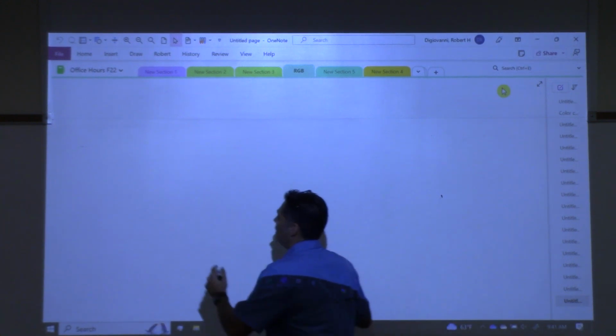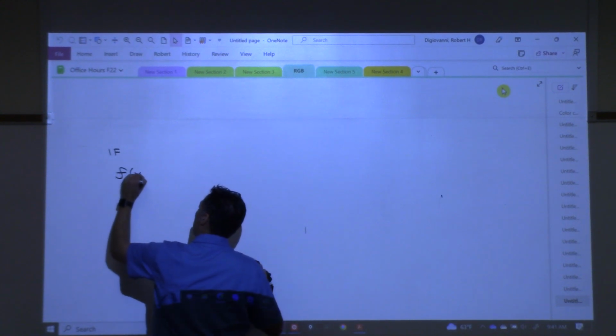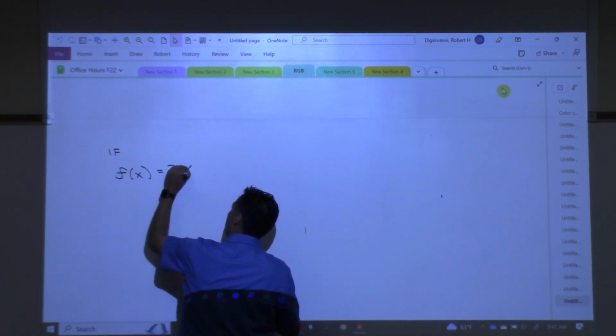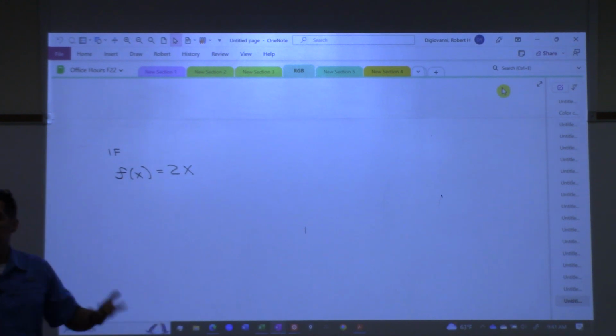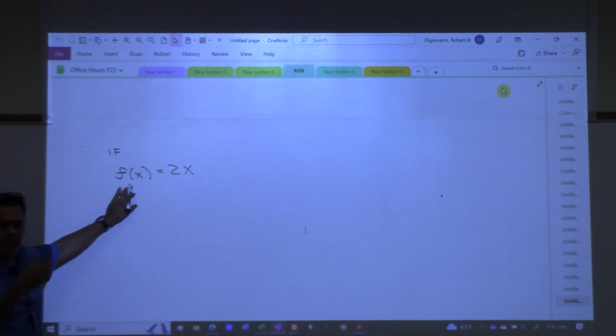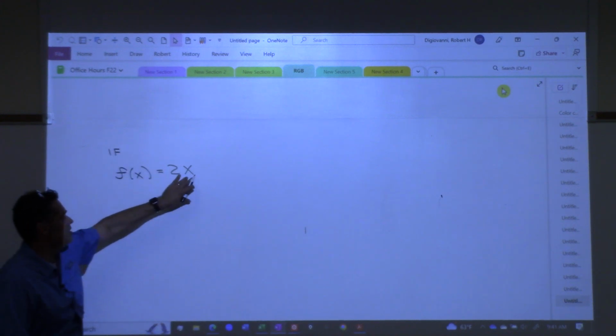Exactly the same problem. But I'm going to say, let's say you have a function f of x and it's 2x. That is the derivative of x squared plus some constant, right? Notice I'm not using the prime here. I'm not saying the derivative of some function is this.